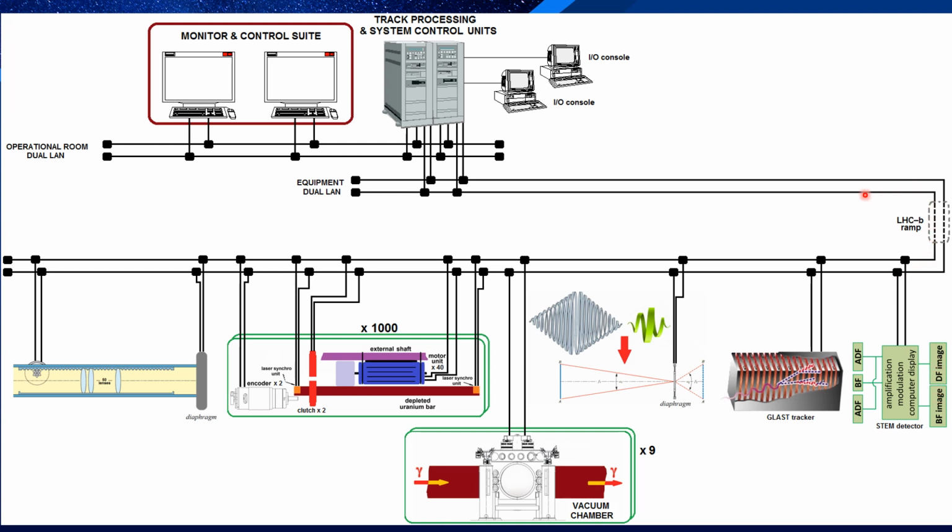The data is then sent to two central units controlled by two I/O consoles for maintenance purposes, which elaborate data and present deflections to a suite with an operational monitor and a maintenance monitor used for system maintenance.